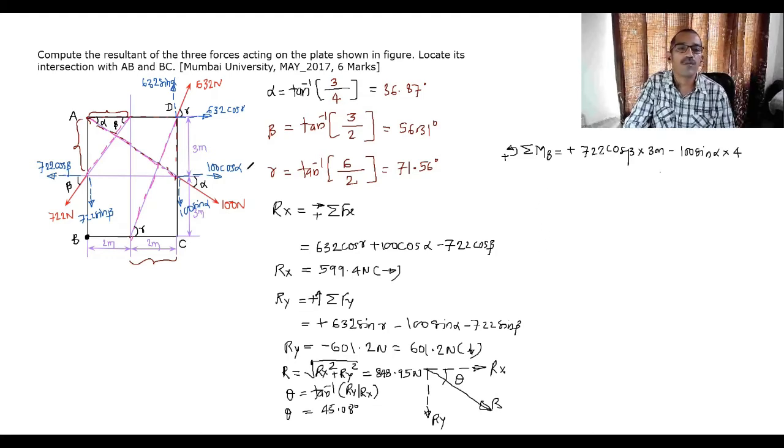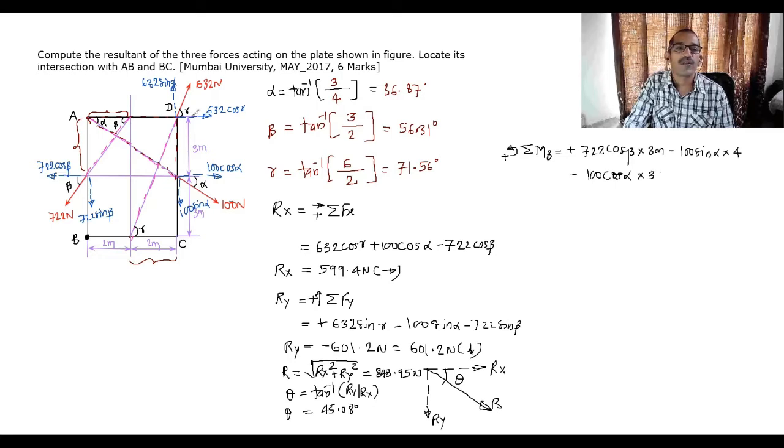For the horizontal component of 100, assuming the point of application of force and B are joined by a bar and we apply a horizontal force, about this point B the bar tends to rotate again in clockwise direction. That means it is minus 100 cos alpha into the vertical distance, because the force is horizontal. This vertical distance is 3 meter.